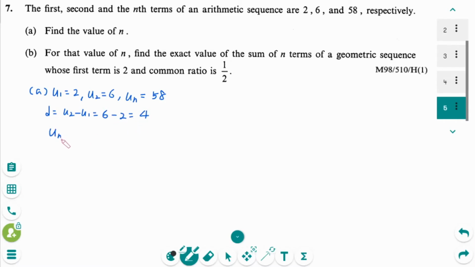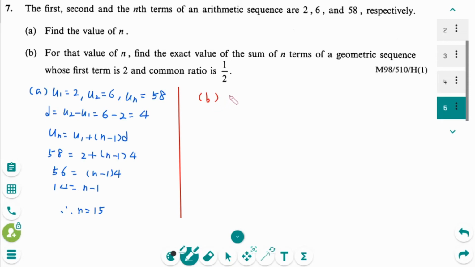The formula: Un equals U1 plus n minus 1 times D. So 58 equals 2 plus n minus 1 times 4. Then move 2 to the left, and 56 equals n minus 1 times 4. Then divide by 4 on each side. 14 equals n minus 1. So n equals 15.